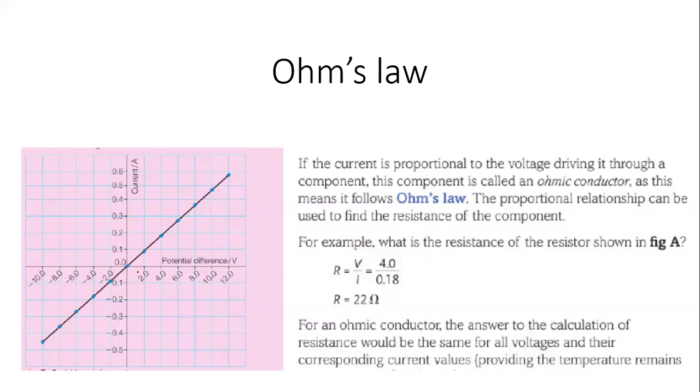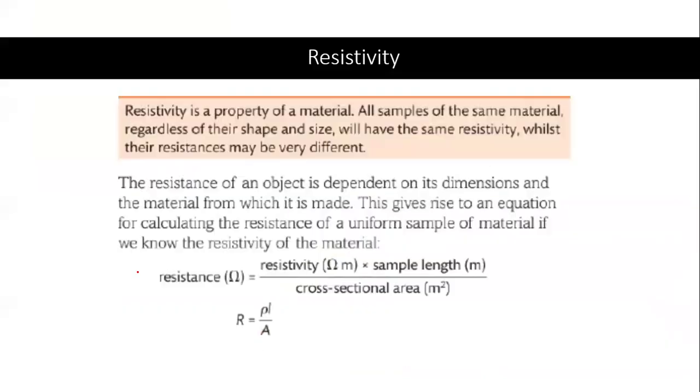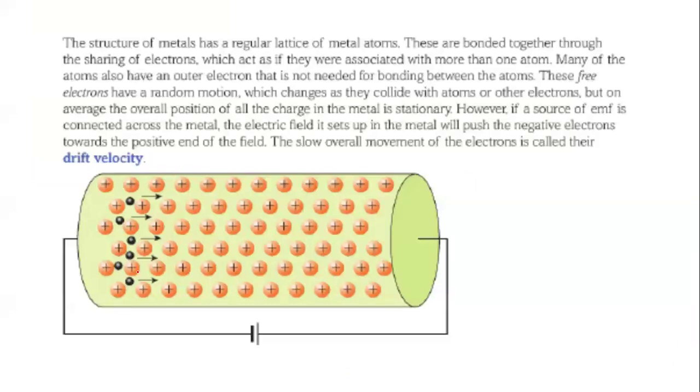Now, why temperature? Why is temperature so important? Because what will happen if I increase the temperature? If I increase the temperature, the electrons will gain kinetic energy. As they gain kinetic energy, they will move faster. The faster the electrons move, the more they're going to collide and bump into each other. The more they collide, the more they will lose their energy and the more they will slow down.